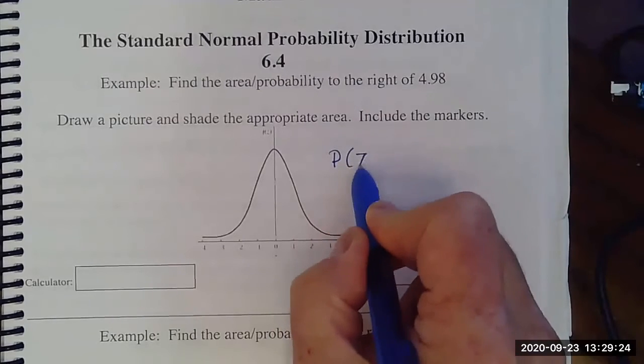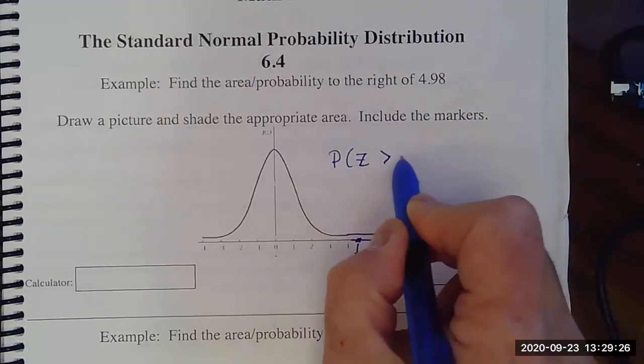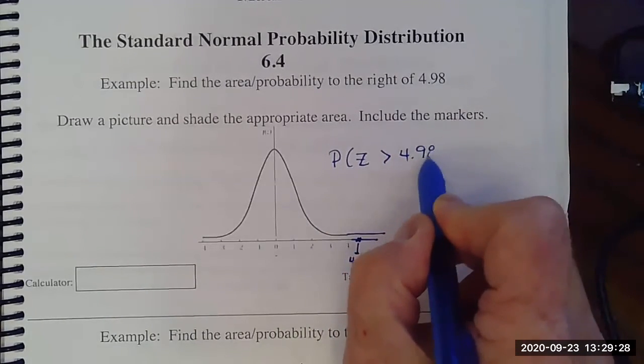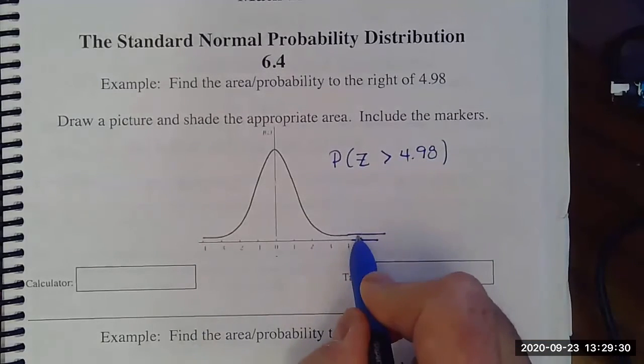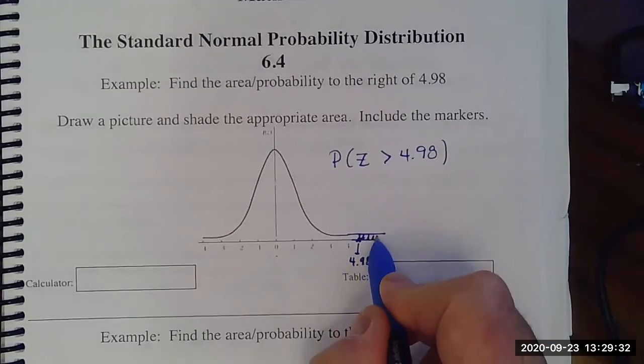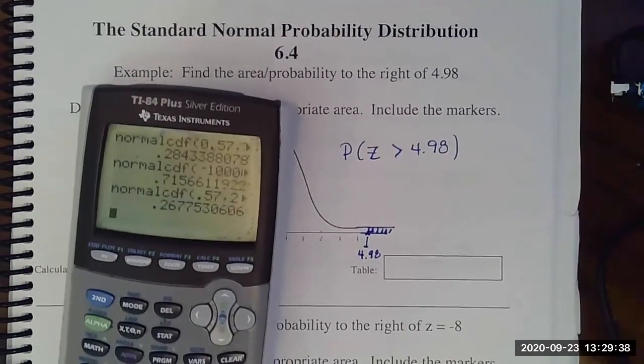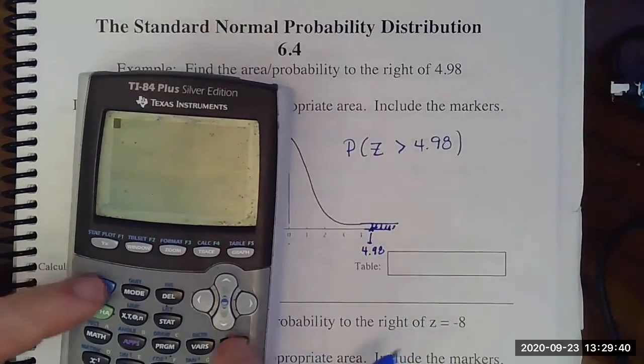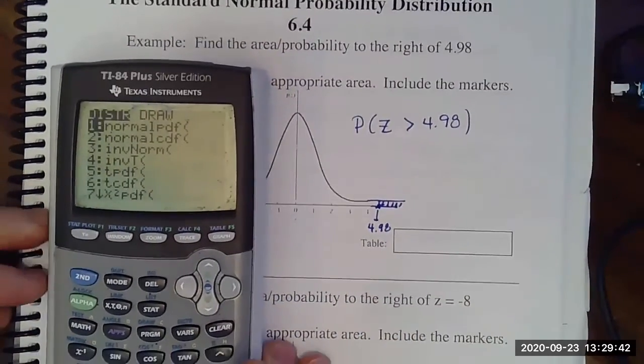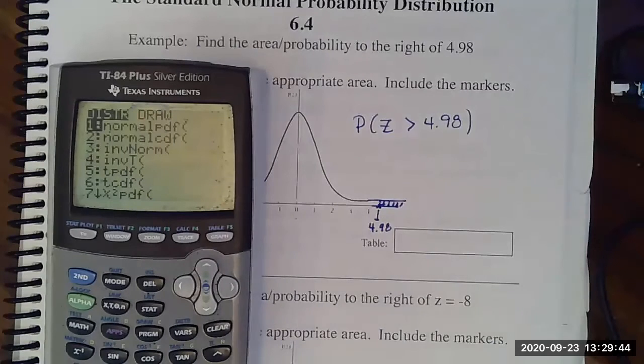Probability that your z-score is to the right of 4.98. Well, then I'm going to go like this, and not much is shaded. What do you think the answer is going to be about before I even do anything? Anybody? What do you think the answer is going to be? 0. Right. It should be around 0. Well, let's see how close we are.